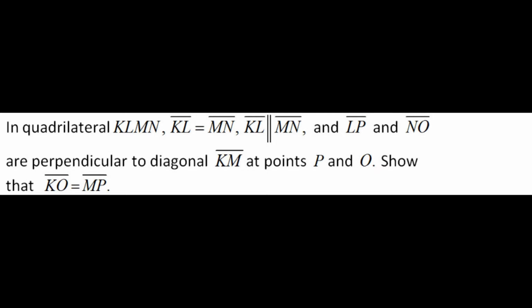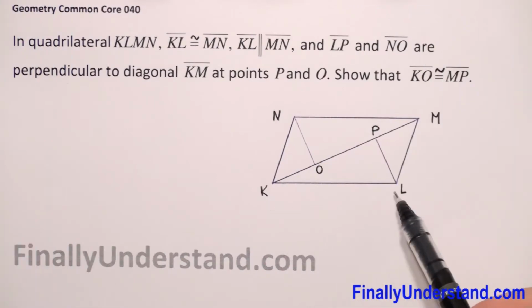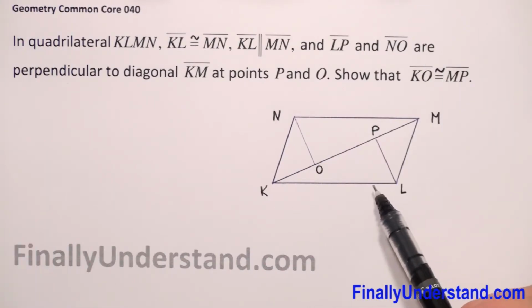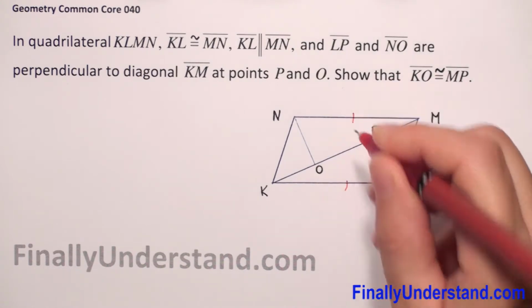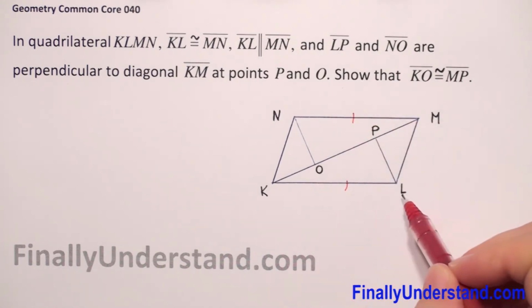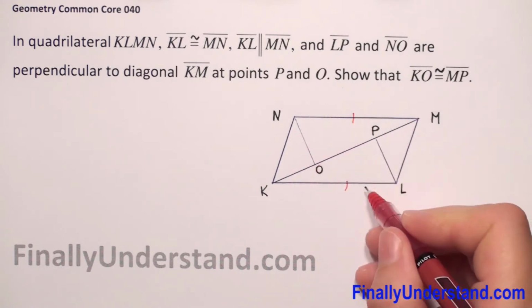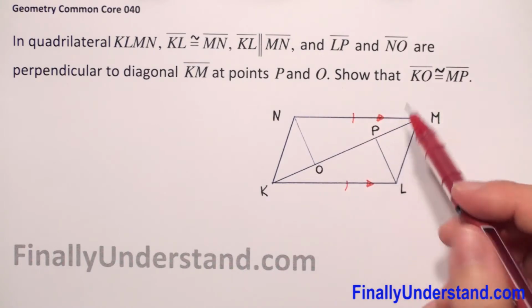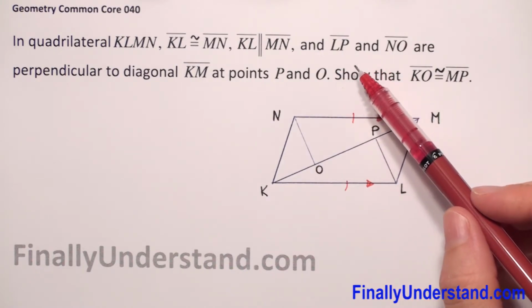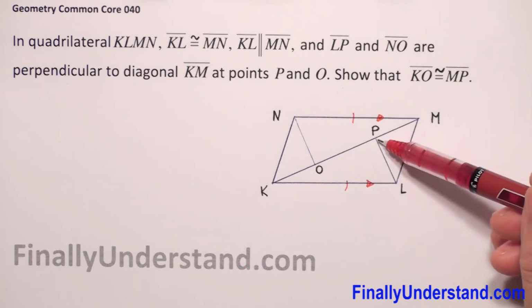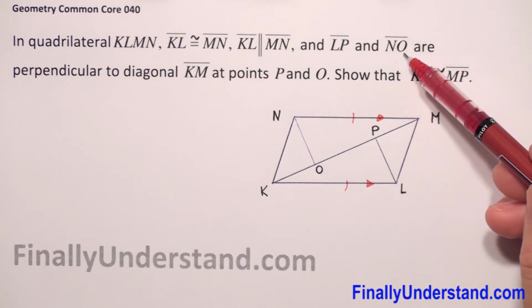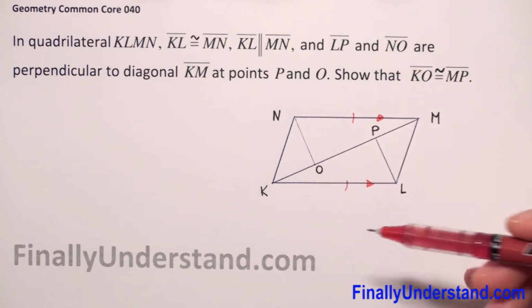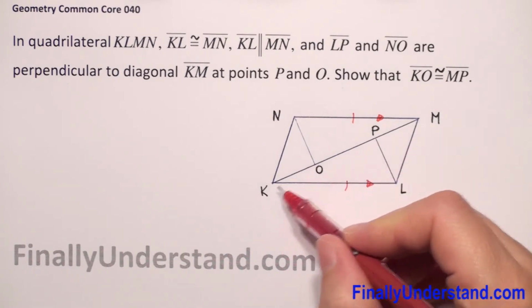In quadrilateral KLMN, segment KL is congruent to MN, KL is parallel to MN, so these two segments are parallel, and segments LP and NO are perpendicular to diagonal KM.